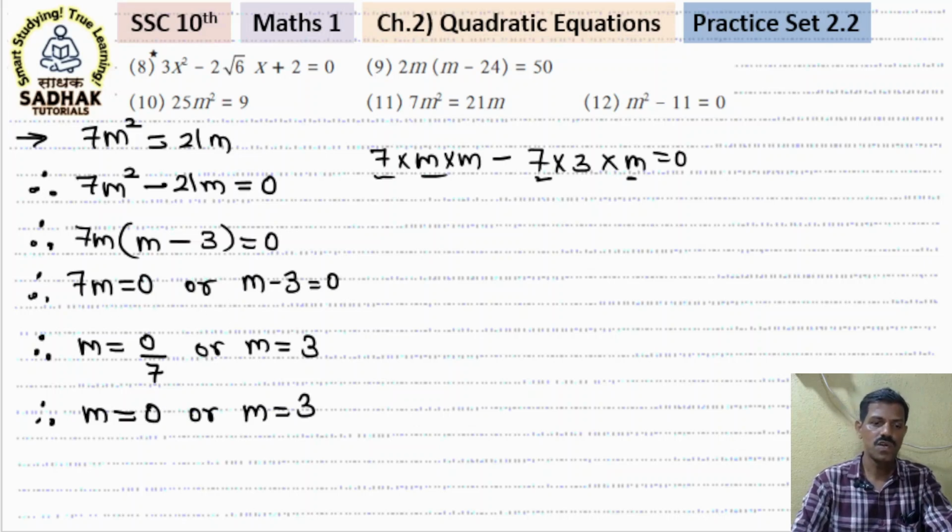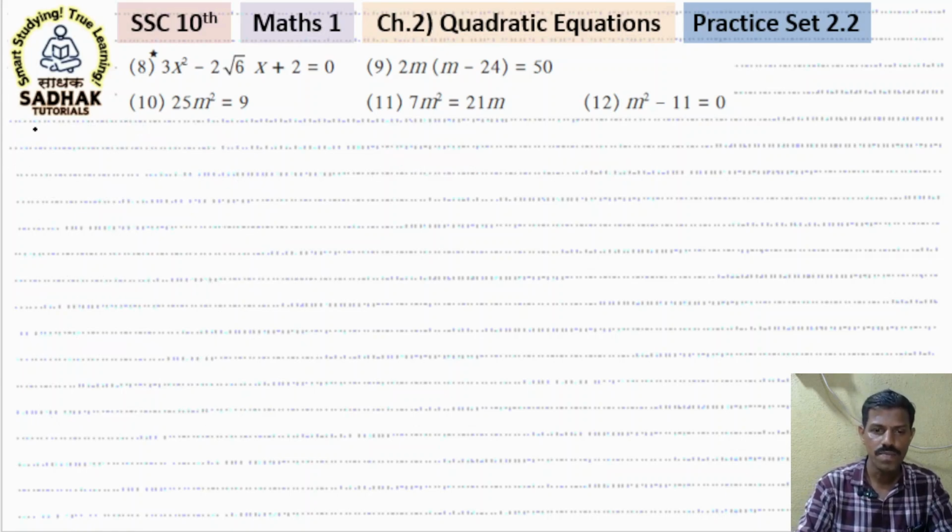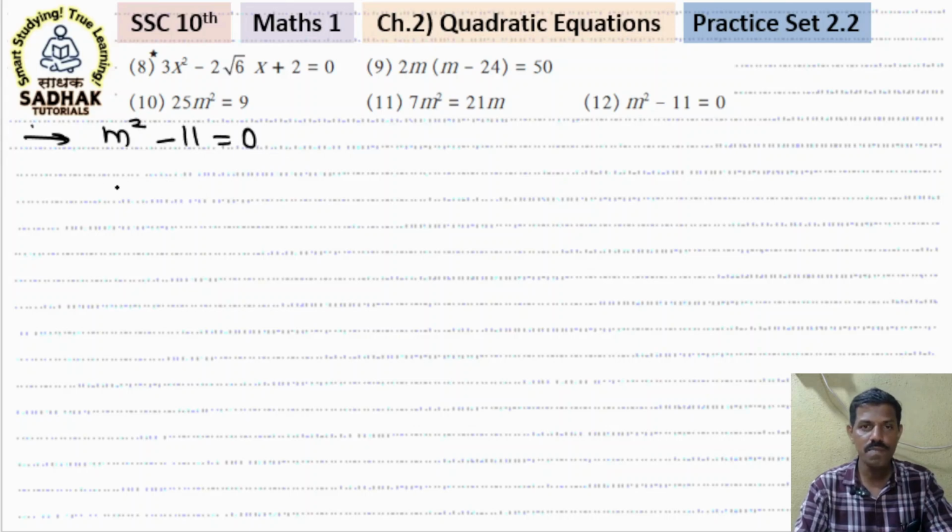Okay. So now let us quickly go to sum number 12. Okay. Sum number 12 we have m square minus 11 is equal to 0. Okay. So first step is m square minus 11 is equal to 0. Now we know that 11 is a prime number, so there will be nothing common.